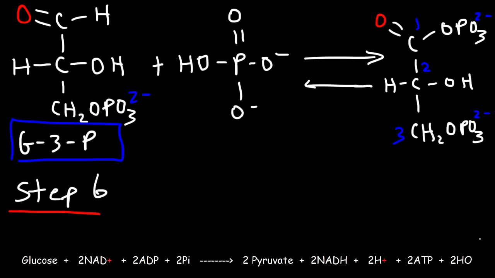Now what else do we know about this reaction? The conversion of G3P to 1,3-biphosphoglycerate, is that an oxidation reaction or is that a reduction reaction? Now to give you a hint, in this reaction we have the conversion of NAD plus into NADH.